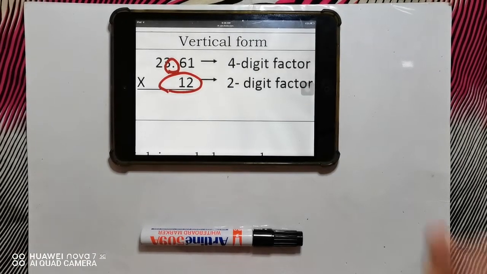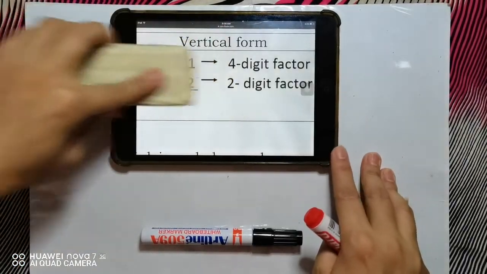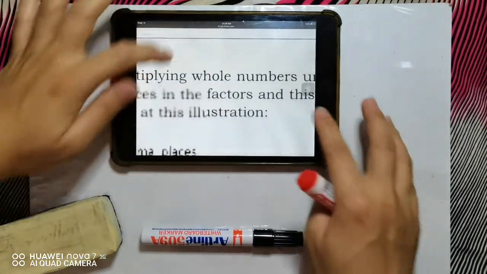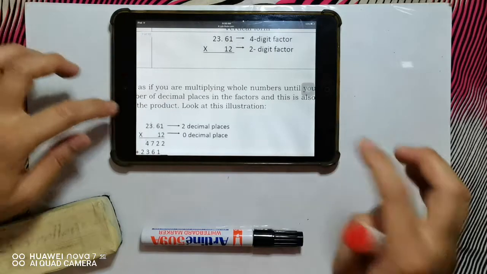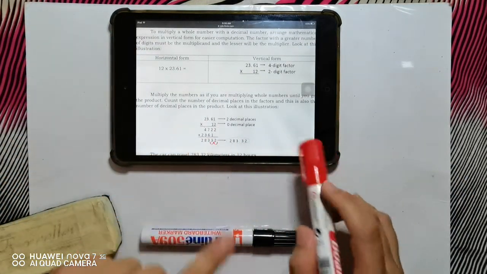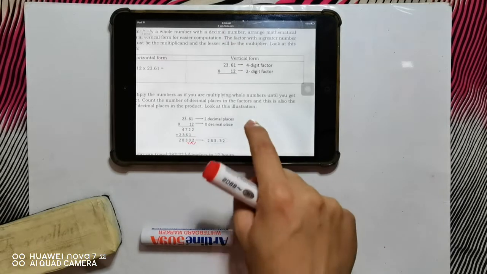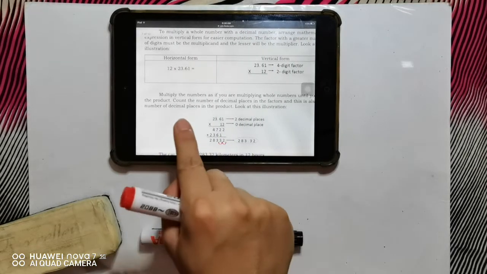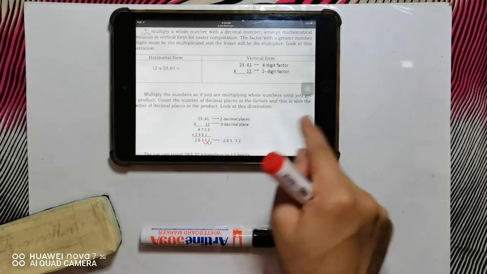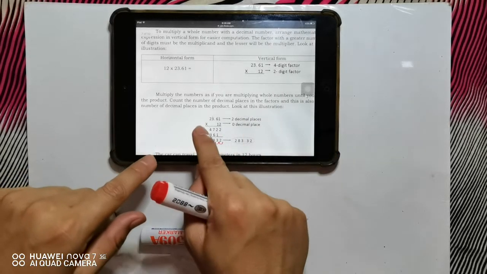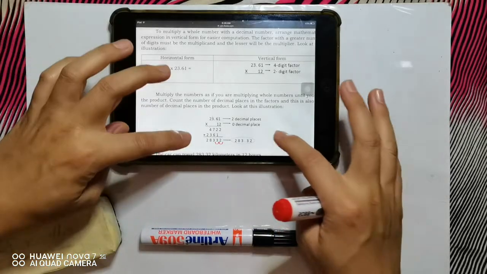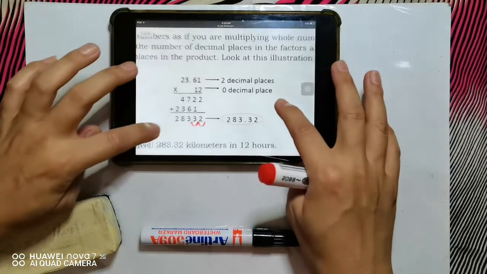So, walang problema. There's nothing to worry about it kasi mas madali nga yan. So, let's now find the answer. Okay? So ang sabi dyan, multiply the numbers as if you are multiplying whole numbers until you get the product. Count the number of decimal places in the factors, and this is also the number of the decimal place in the product. So let's look at the illustration. So ito yung kanyang naging example.